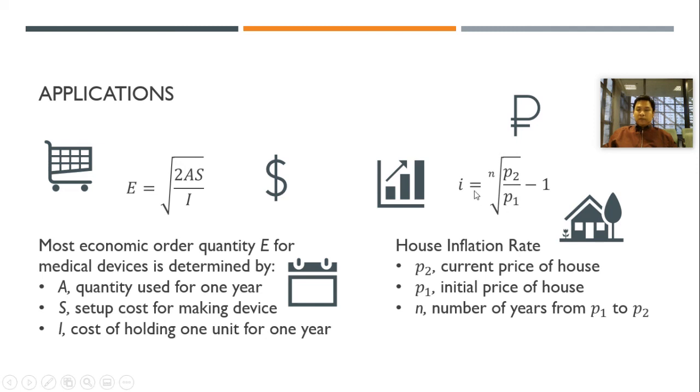This one refers to the inflation rate of houses. Nth root, because we can calculate it in terms of the years that have passed from the original price or the initial price to the current price.